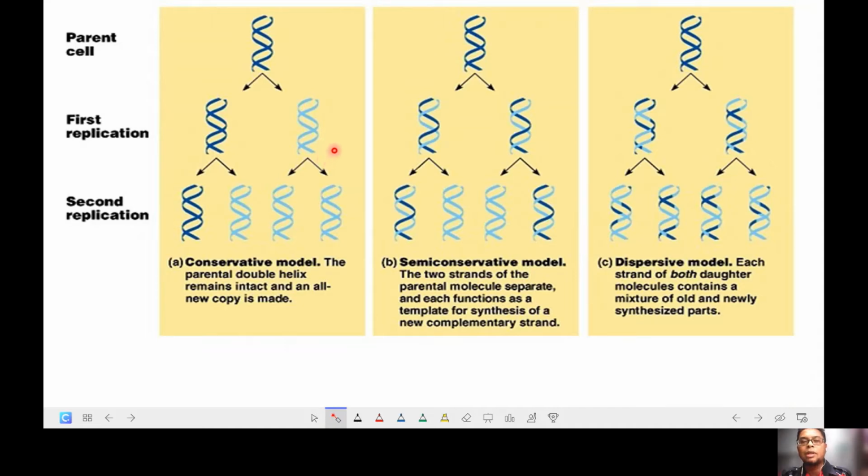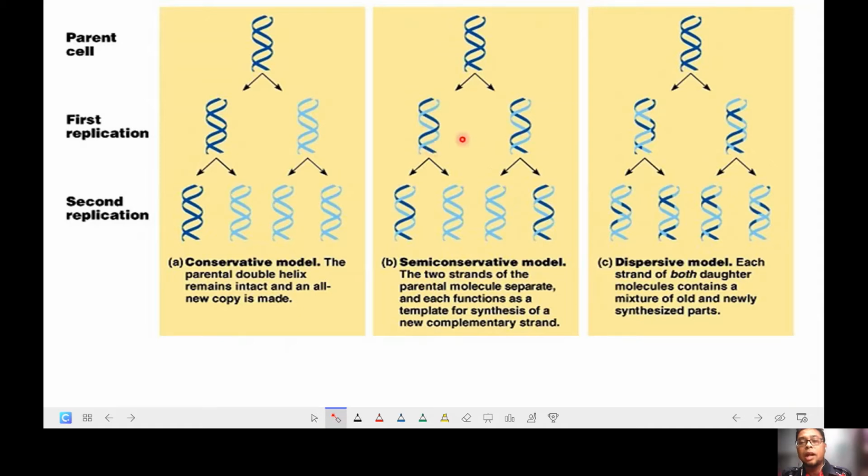Please compare with the second type. The second model, which is named the semi-conservative model, shows that this original parental strand of DNA will separate. They will separate, and each of them will become templates to form new DNA strands.